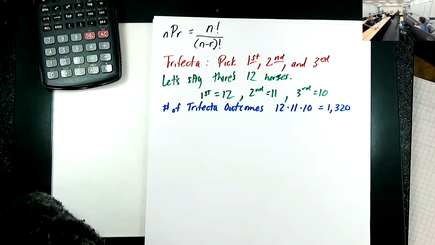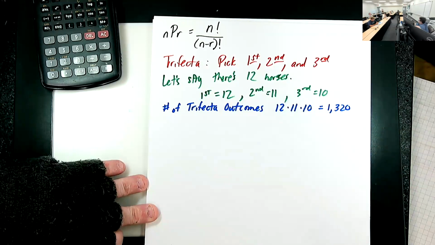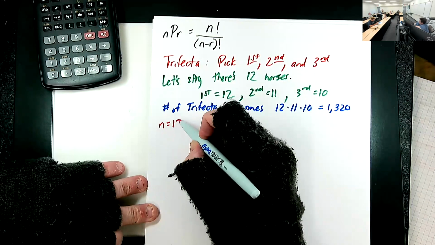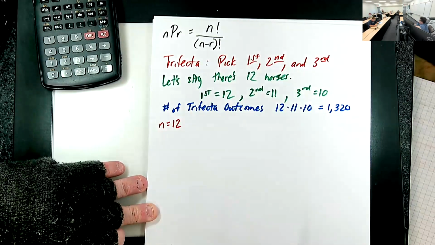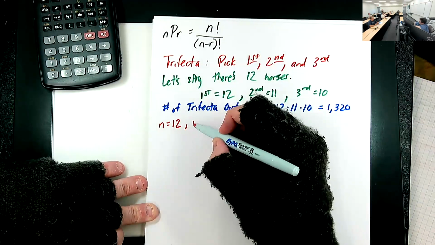Now let's take a look at nPr. n is the number of different unique objects. There are 12 horses, so here n equals 12. And we had to choose 3 horses, r equals 3.